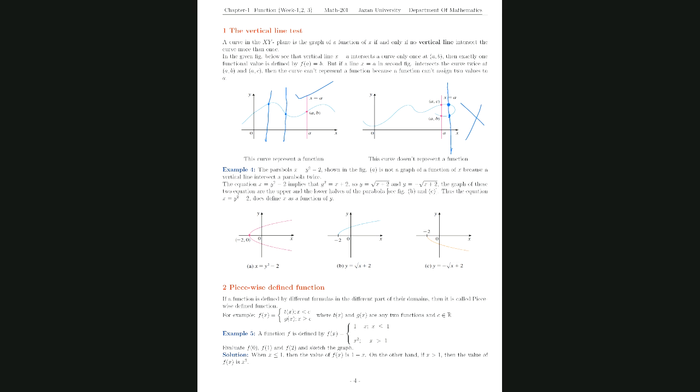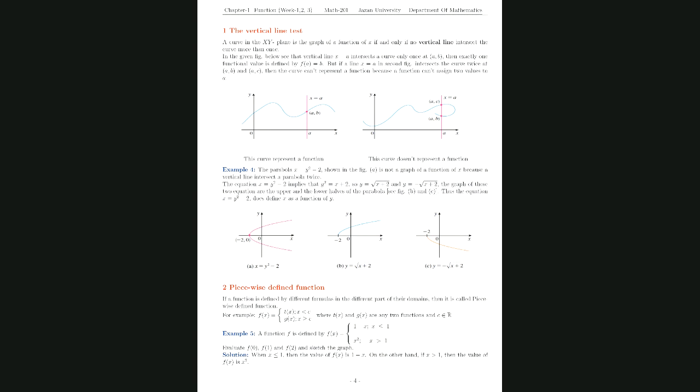If no vertical line cuts the graph at more than one point, then it is a function. But here the vertical line cuts at 2 points, so this is not a function. Here every vertical line cuts at one point, so this is a function.